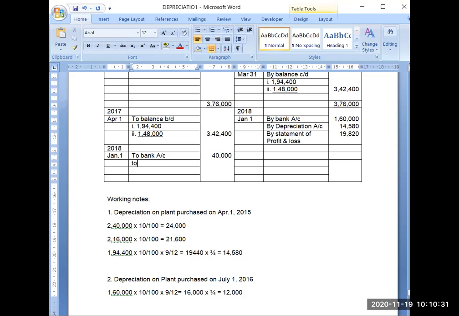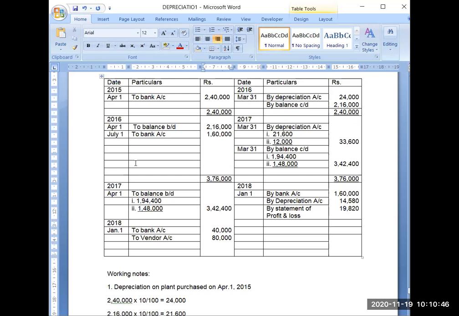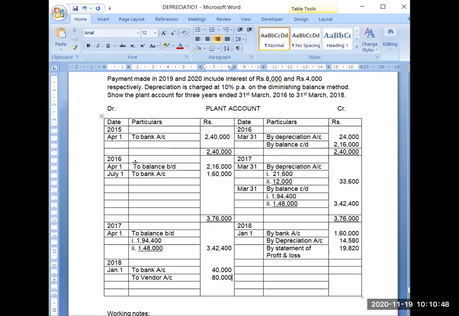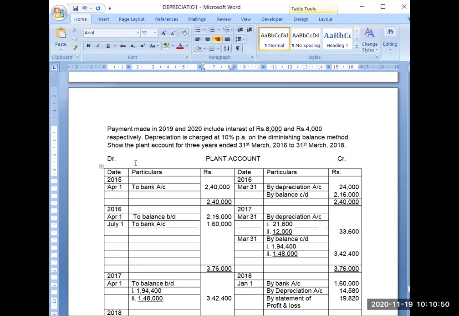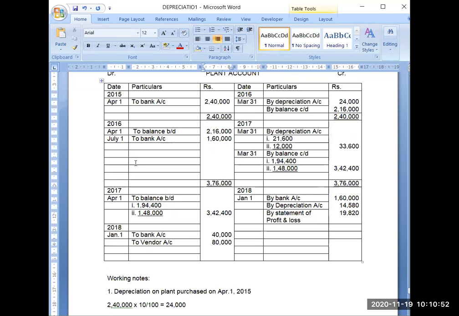Then to, we can use the word vendors, creditors for plant 80,000. This will be the entry because we don't know the name of the seller.